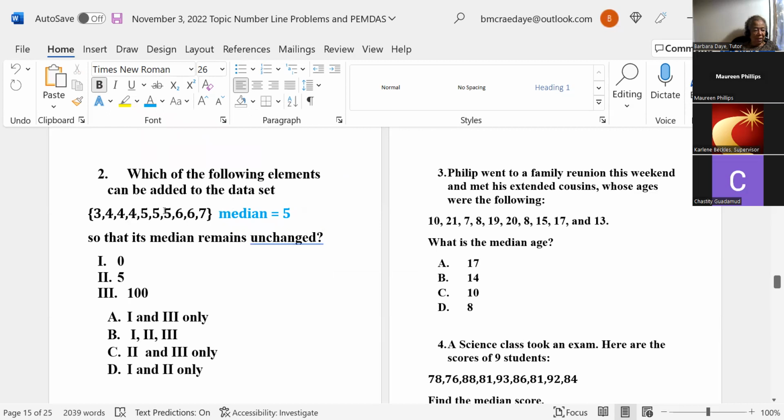Now, if you add a 0 here, what happens to the median? You're adding a 0 to the data set. If I add a 0, then it would be 4 and 5.